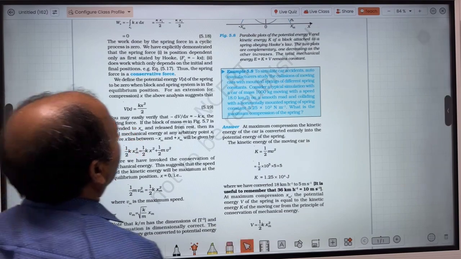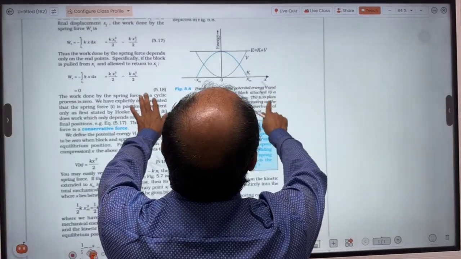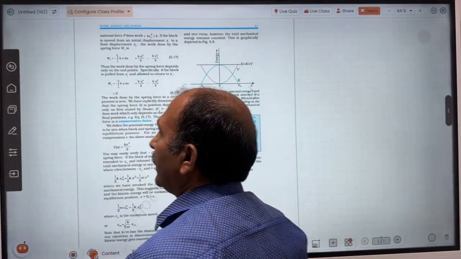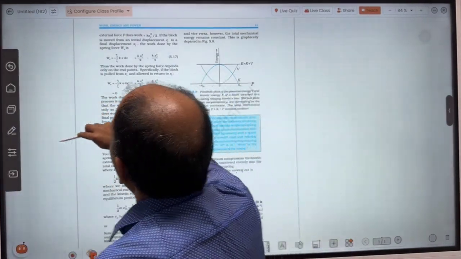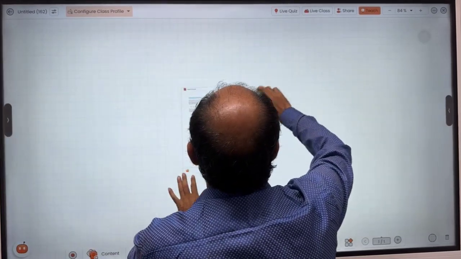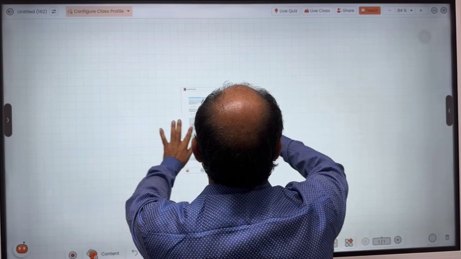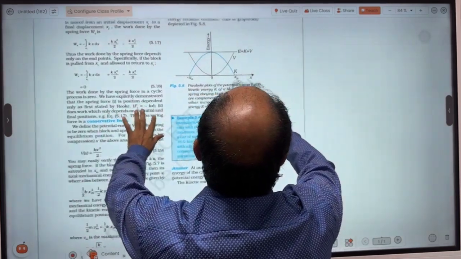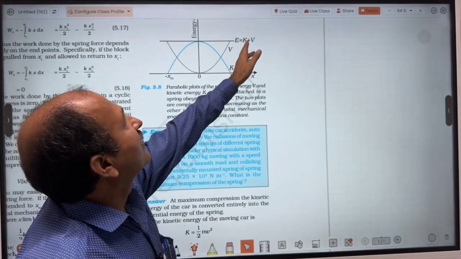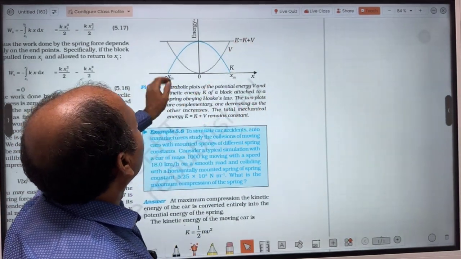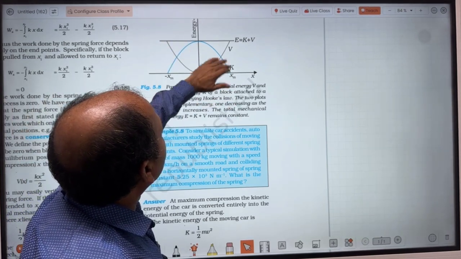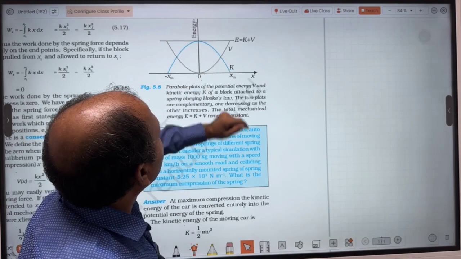Here is one more important thing you must understand: we can apply energy conservation again. I'm making the diagram a little larger so that you can see it clearly. This is the total energy, that is kinetic energy plus potential energy, and this is the curve for kinetic energy, and this is the curve for potential energy.